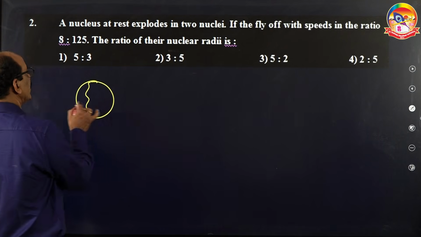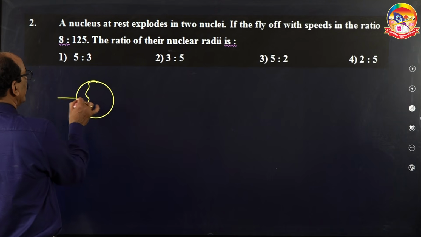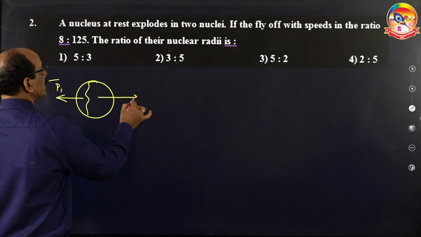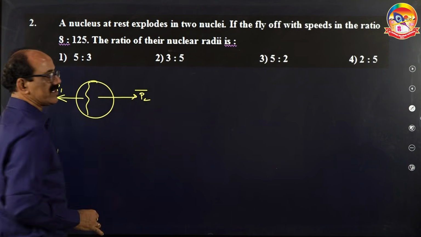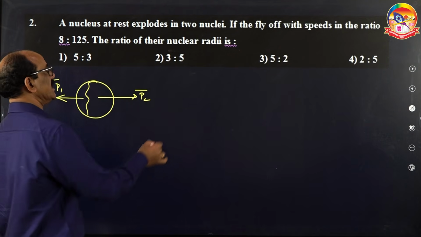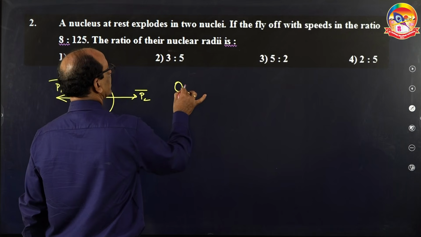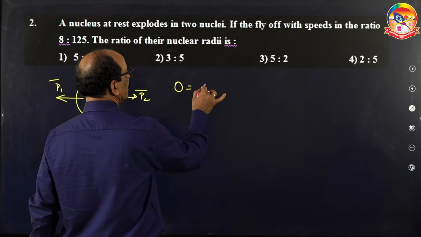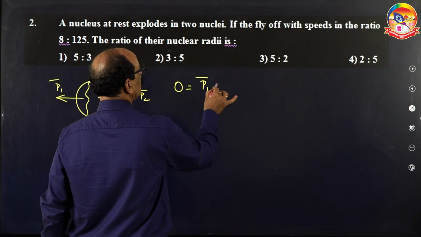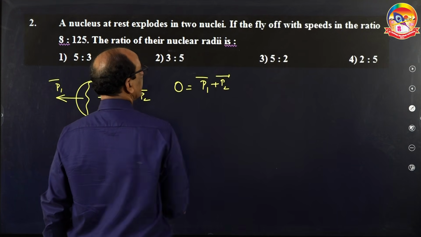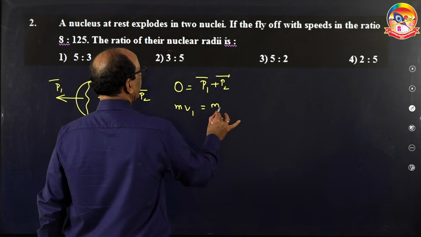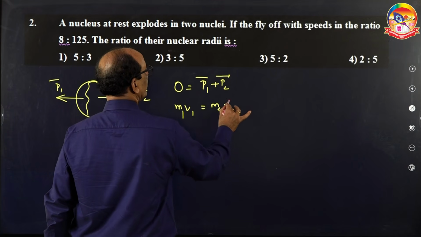Therefore, the law of conservation of linear momentum is valid. Therefore, if this fragment flies off with a momentum p1 bar, this fragment will fly off with a momentum p2 bar like this. So from the law of conservation of linear momentum, the initial momentum of the nucleus is 0, equal to p1 bar plus p2 bar. So by scalar relation we can write m1 v1 is equal to m2 v2.